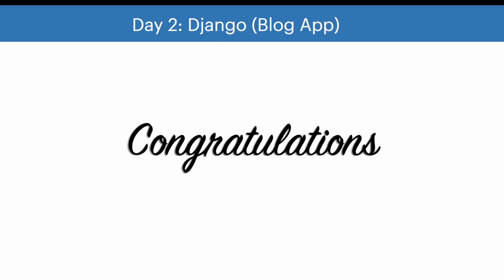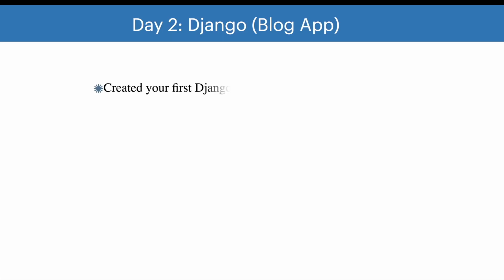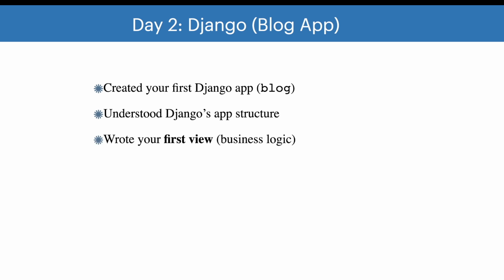Congratulations, you have created your first Django app, and now you understood Django's app structure. You wrote your first view, okay? So we saw that a view is simply a Python function that takes in a request and returns a response, okay? So you created your URL routing for your app.